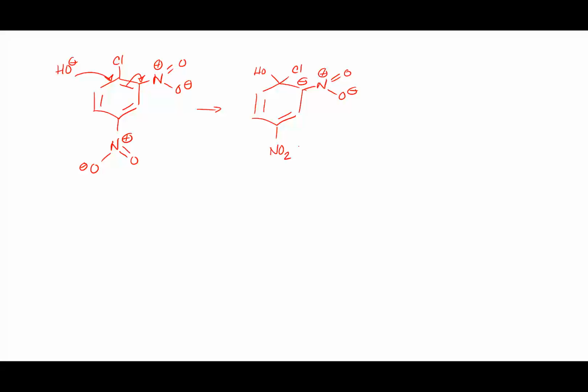Now, what does the nitro group do for that negative charge? What's it doing in this structure right here? It's helping to stabilize the negative charge. And how is it helping to stabilize the negative charge?